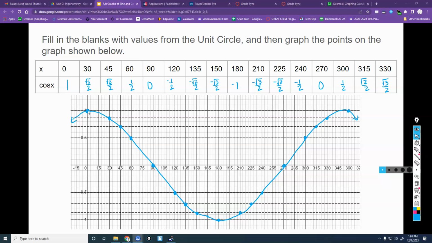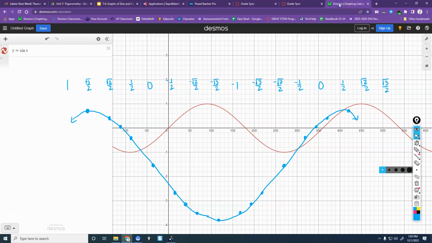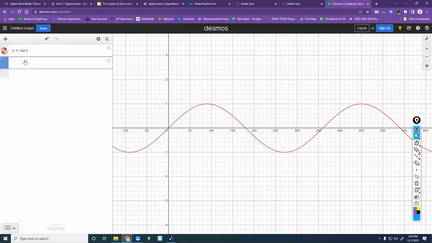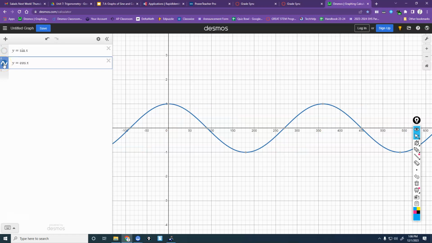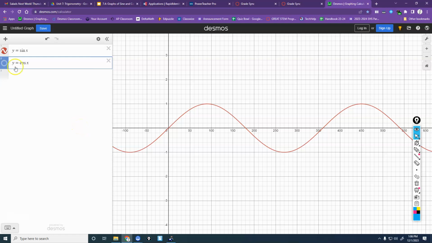So if we look over at Desmos real quick, if I graph y equals cosine of x, if I just give you that alone versus giving you this one alone, can you guys tell the difference?